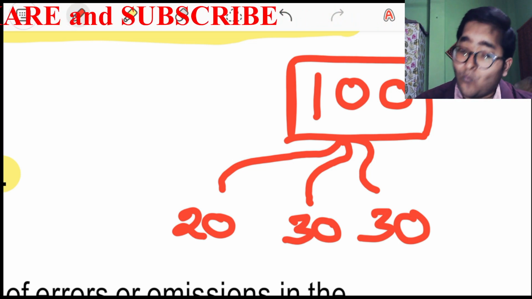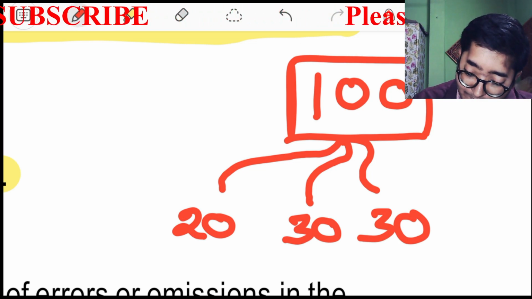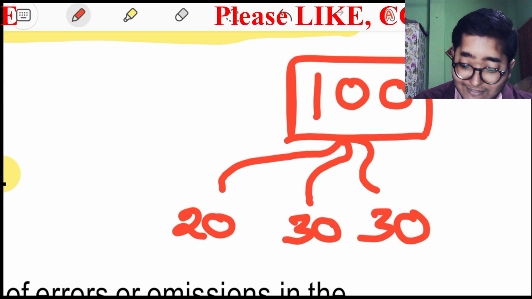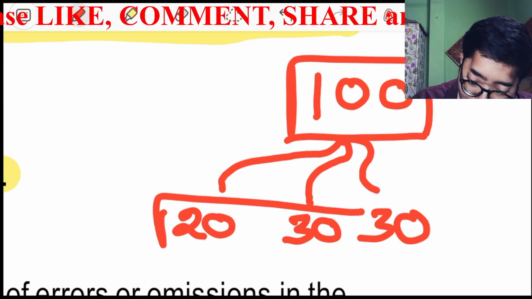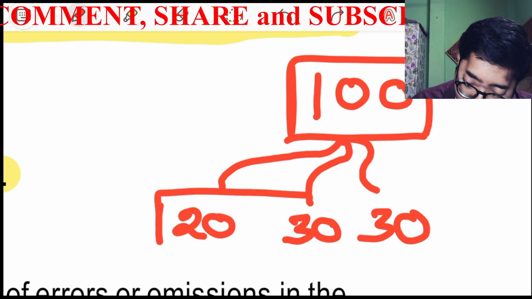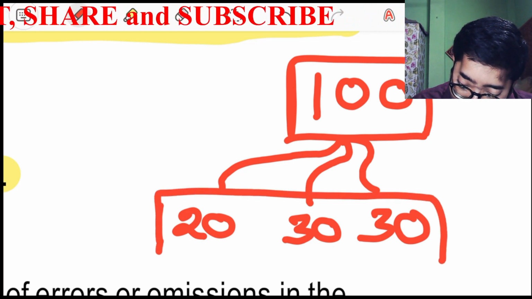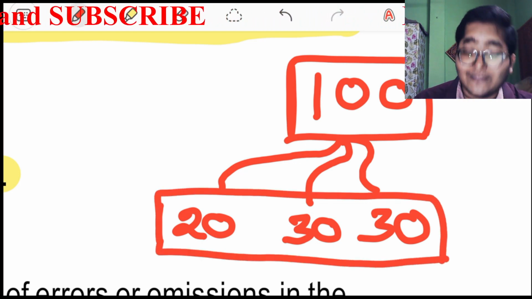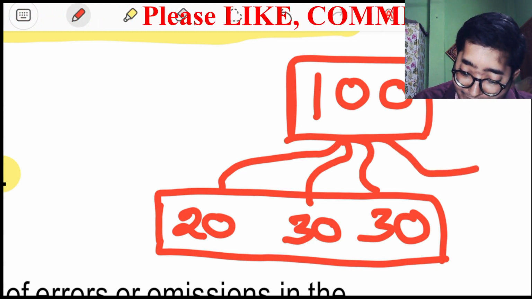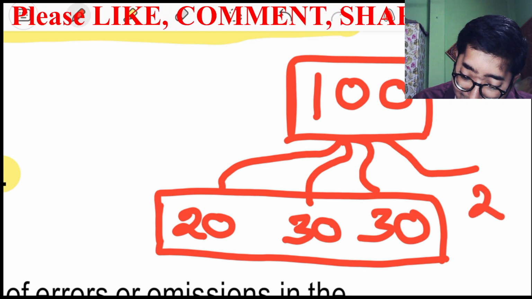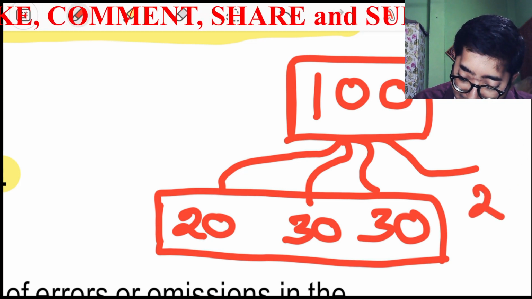So, what is my expense? 30, 40, 50, 60, 70, 80. So this is my direct expense. This portion is my direct expense, 80 rupees, and the rest, 20 rupees, is my indirect expense.